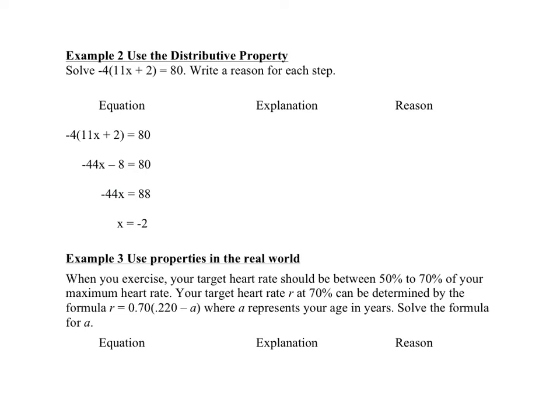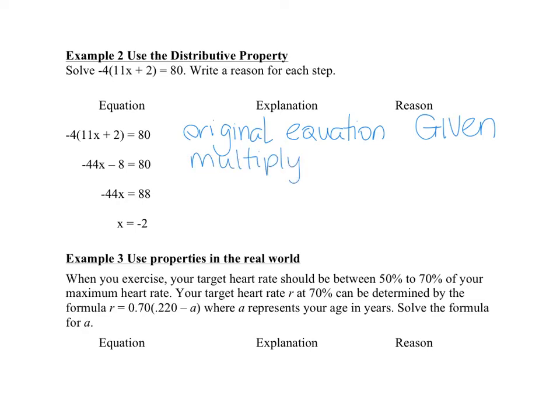So looking at example 2, first thing is that it's the original equation. And when you write the original equation, that's your given. And I'm multiplying through, which is actually the distributive property.